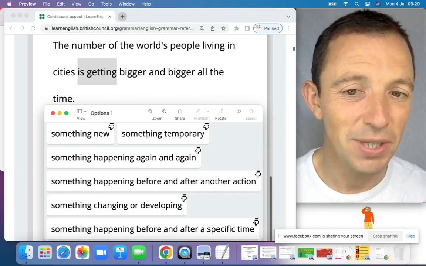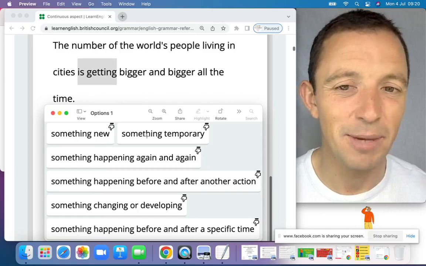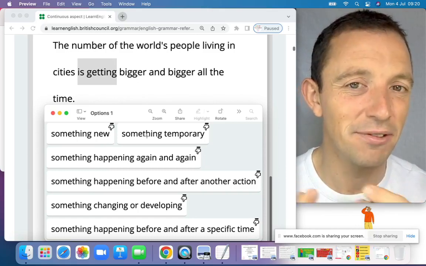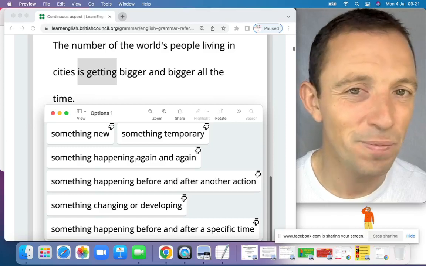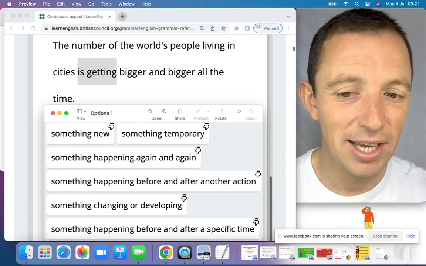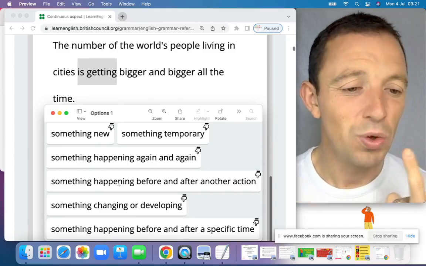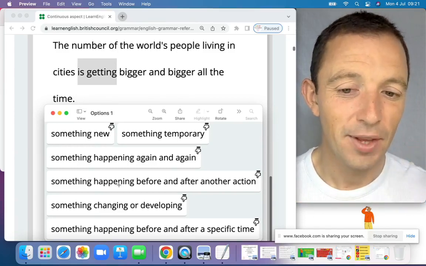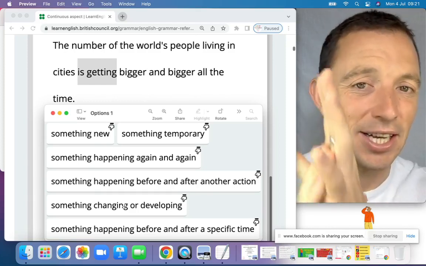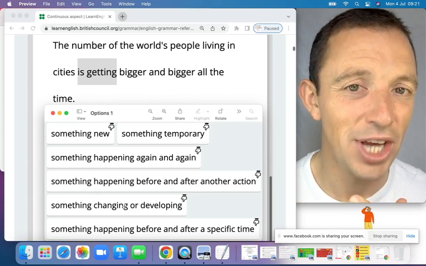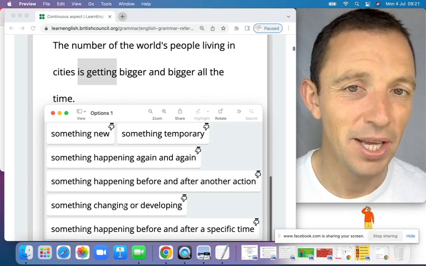Is it something temporary? No, because it's continuing for a long time, this process of growth. Something happening again and again? No, it's independent. Something happening before and after another action? No, there's only one action really here. Something changing or developing? Yes, this is definitely in the context of something changing, the population changing and the population developing as well.